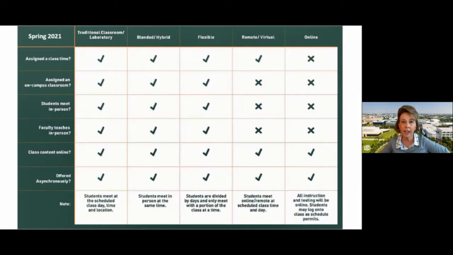So let's say, for example, you suddenly have a situation where you're caring for a child that has COVID or an elderly parent that has COVID, and you were signed up for a face-to-face class. You could choose to attend that class asynchronously. You can attend any of the course modalities asynchronously. You just need to make sure that you are in touch with your faculty member with regard to attending asynchronously.